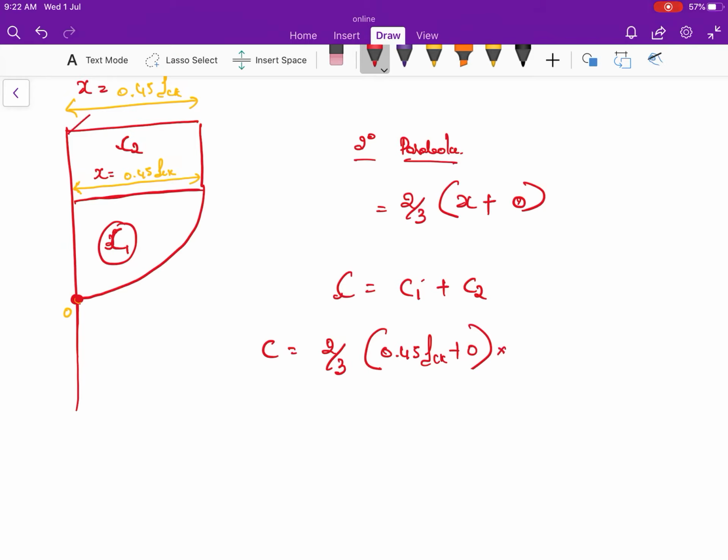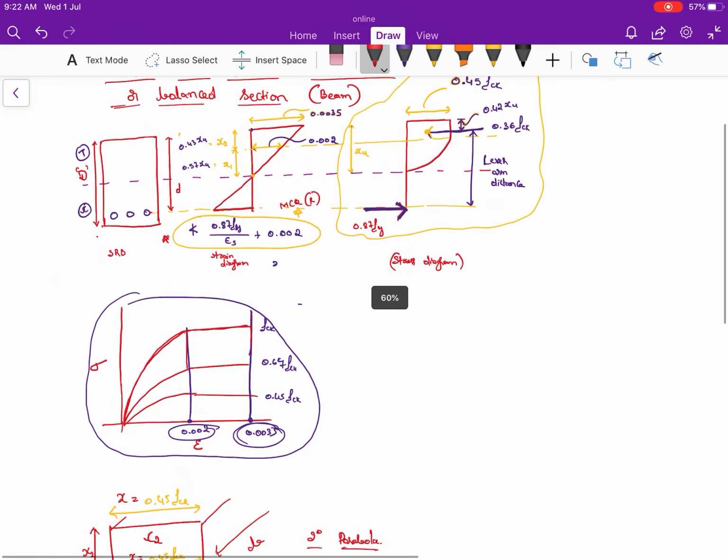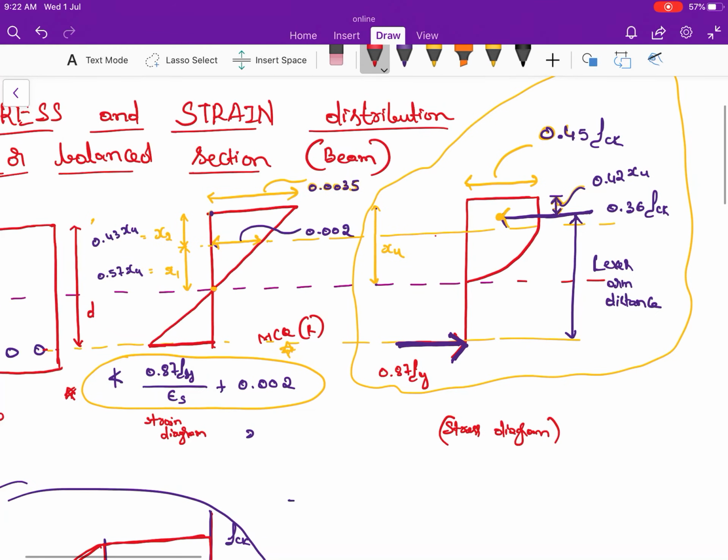If the beam is moving in this direction, we have some value, the width of the beam, that is equal to B, into, see, this is x1 and this is x2. You can see here in this diagram, this is x1 and this is x2.